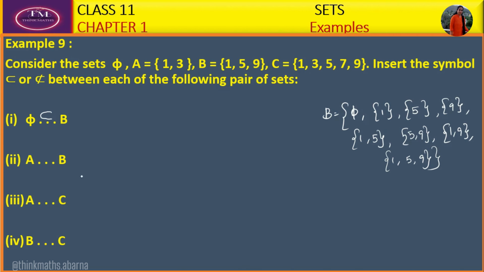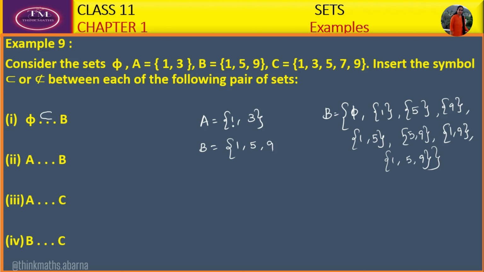Now let us move on to the second question, A and B. A is equal to {1, 3} and B is equal to {1, 5, 9}.